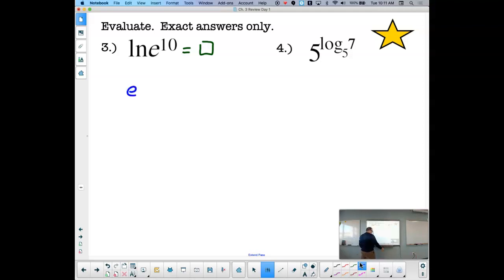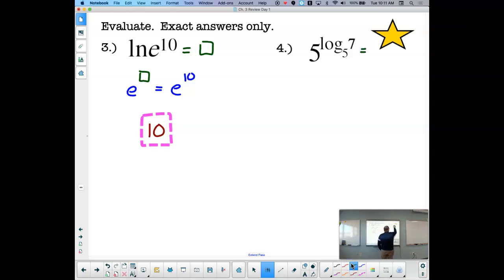So I could say e to my box, because that's my exponent, is equal to my argument, which is e to the 10th. So in order to make those equal, that box needs to be filled with 10. So the natural log of e to the 10th is 10. Natural logs and e to a certain power, those are inverses of one another. So those cancel each other out. So the natural log cancels out the e, leaves me just with 10.